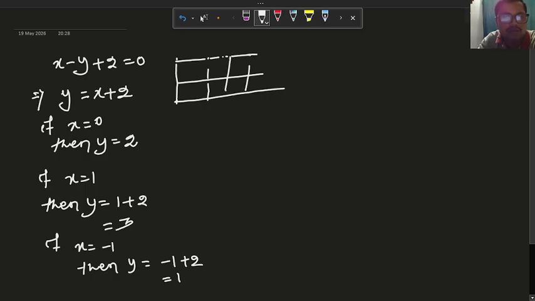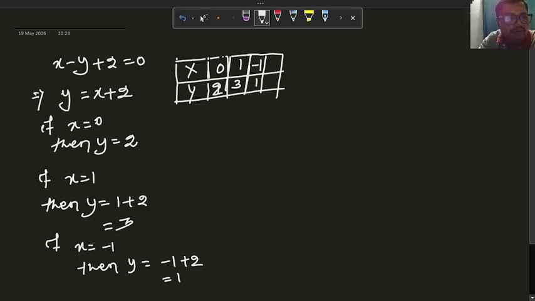We have studied it in ninth class. The x, y values are 0, 2, then 1, 3, then minus 1, 1.